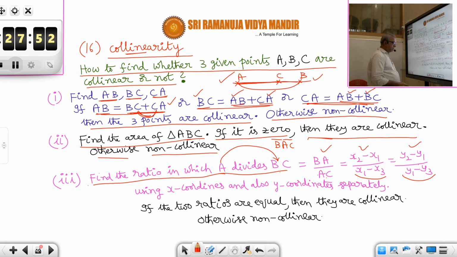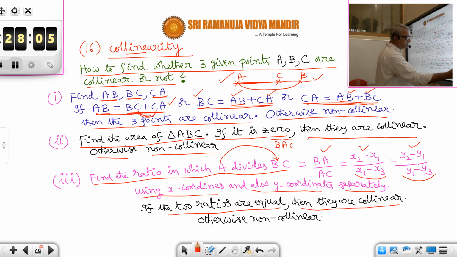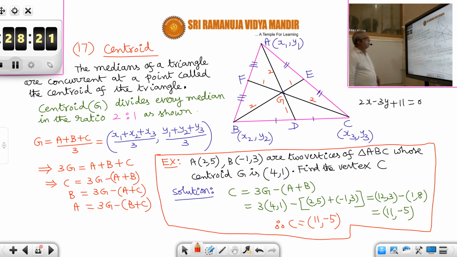If the 2 ratios are equal, then it means that the points are collinear. If they are different, using x coordinates you get one ratio, using y coordinates you get another ratio, then it implies that they are non-collinear. So these are the 3 methods to find whether 3 given points are collinear or not.